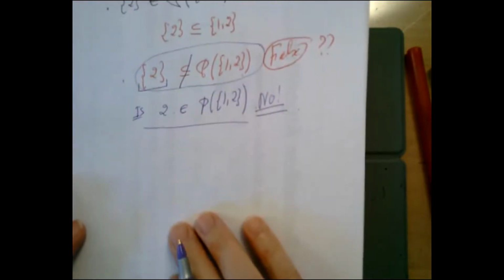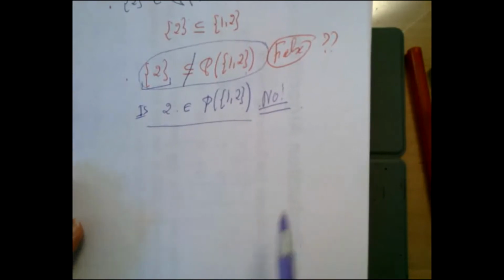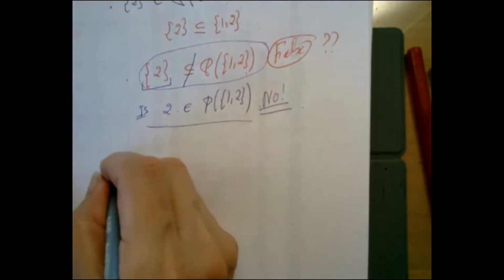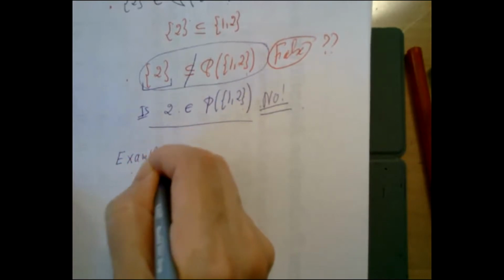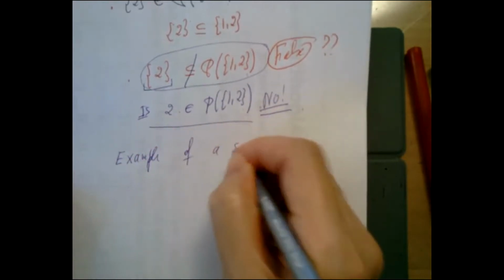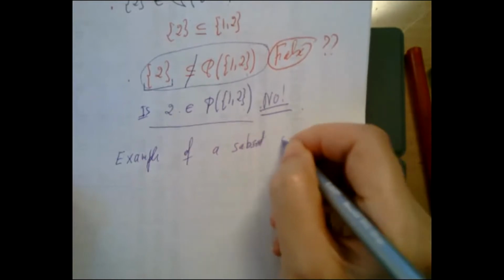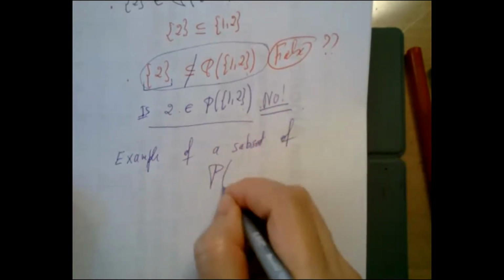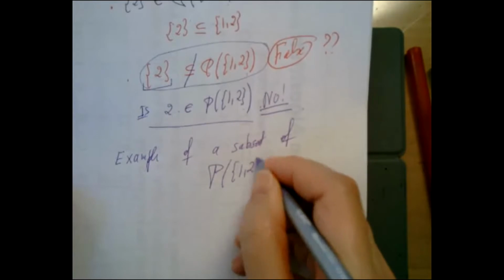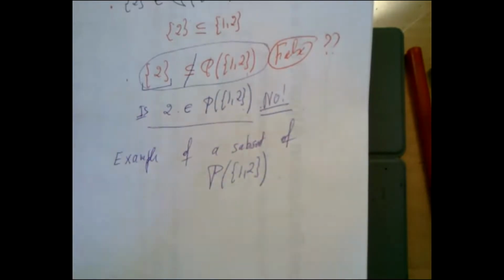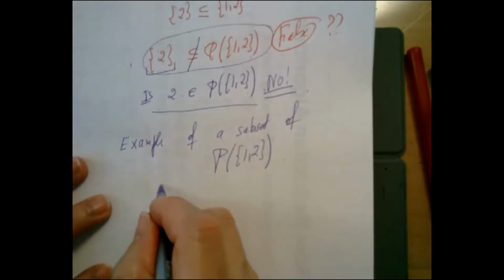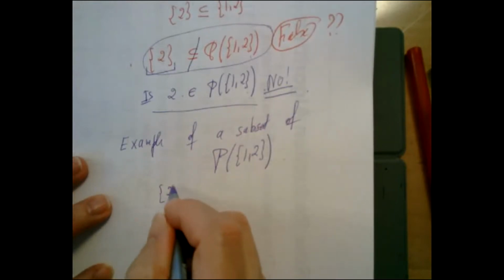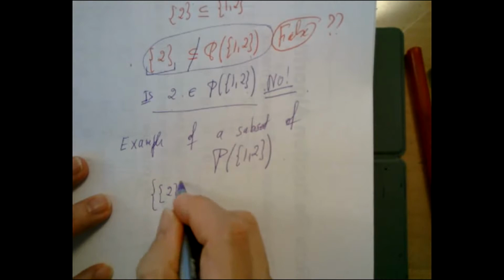All right. Who would like to give me a subset of the power set? I want an example of a subset of the power set. Could you take the set brackets, and then do another one around it?